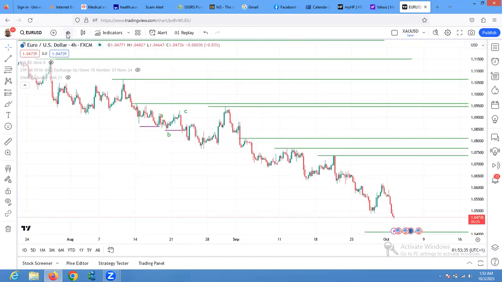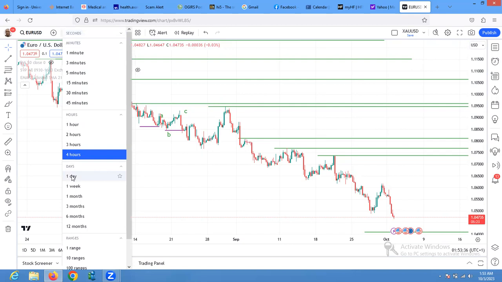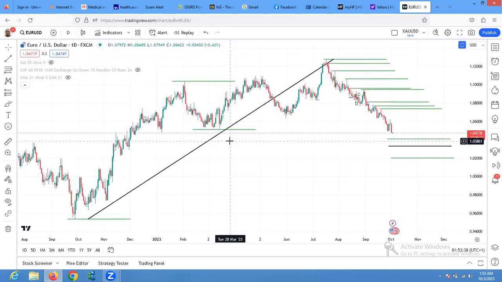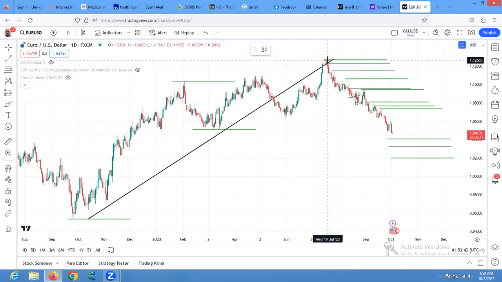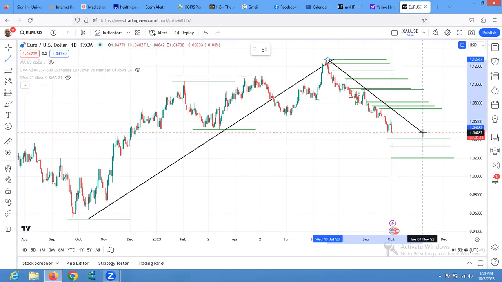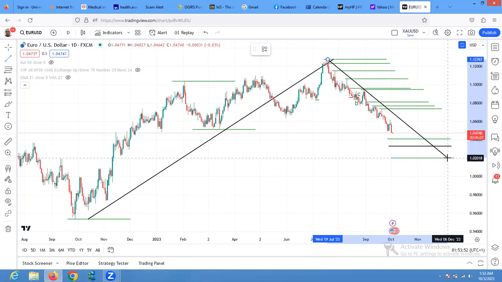Before that, let's look at the trend. Let's look at the trend to see what's this is the trend. That's the trend to break.